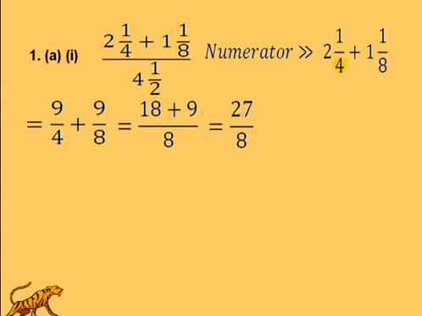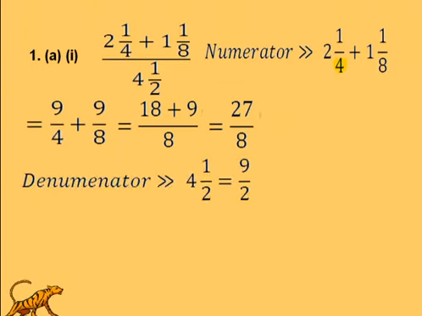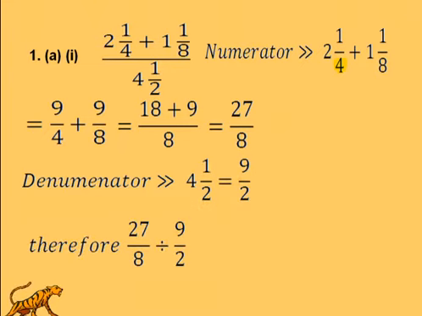So our numerator yields 27 over 8. Then we bring in our denominator, and this will be 4 1/2, which is equal to 9 over 2. Bring both things together now. Therefore, 27 over 8 divided by 9 over 2 will give you 27 over 8 times 2 over 9.